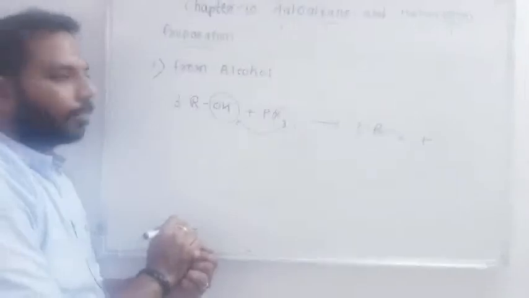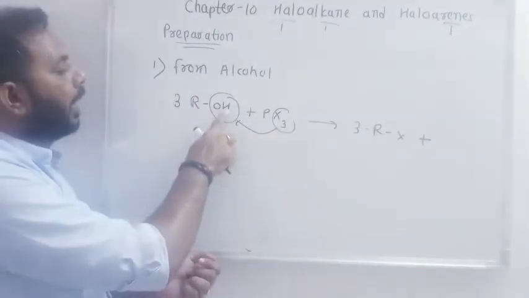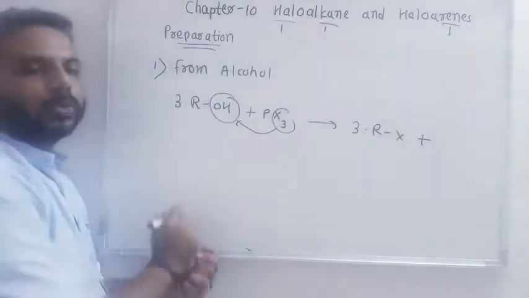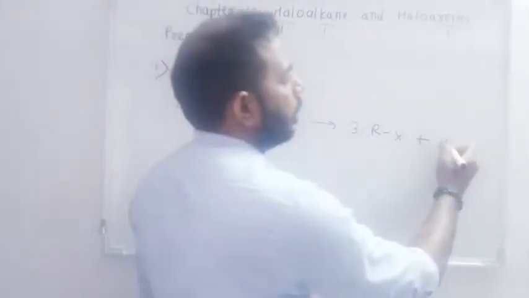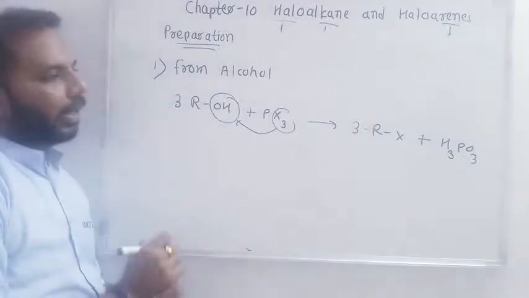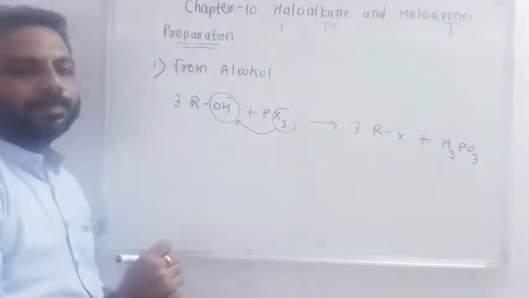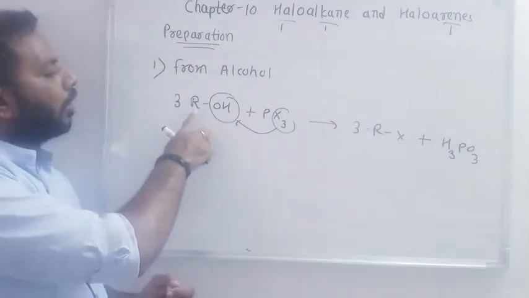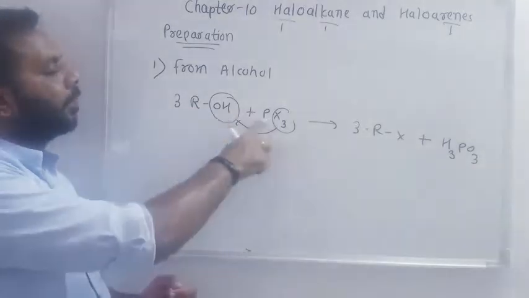So we have 3 hydrogen, 3 oxygen and 1 phosphorus, which will combine and form H3PO3. Again, 3 moles of alcohol will react with phosphorus trihalide.